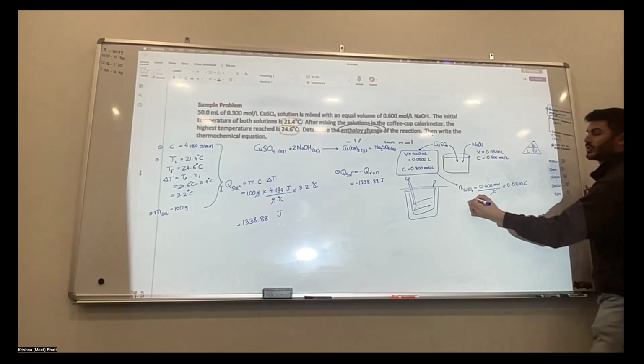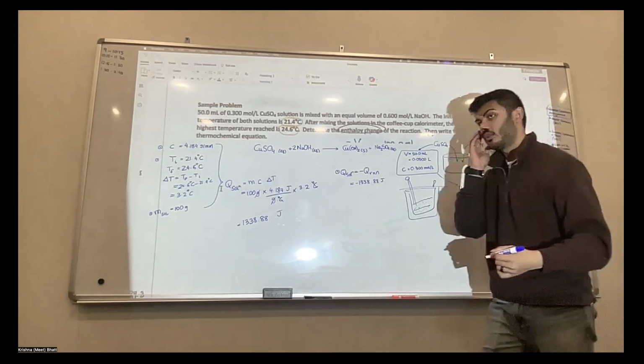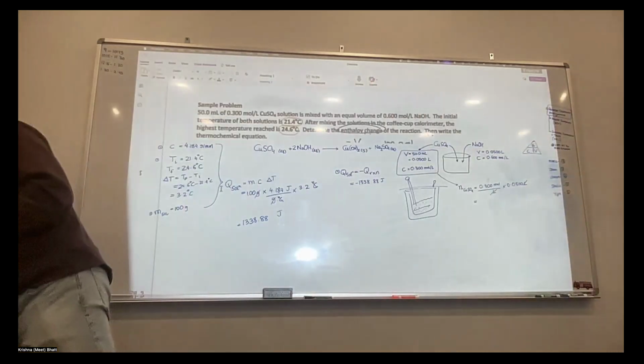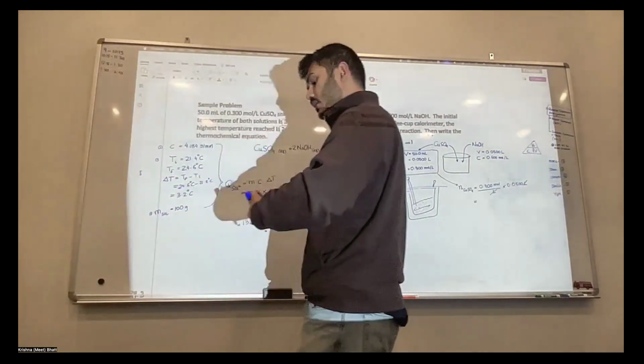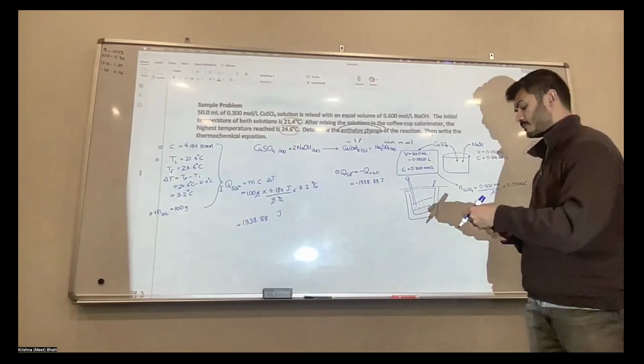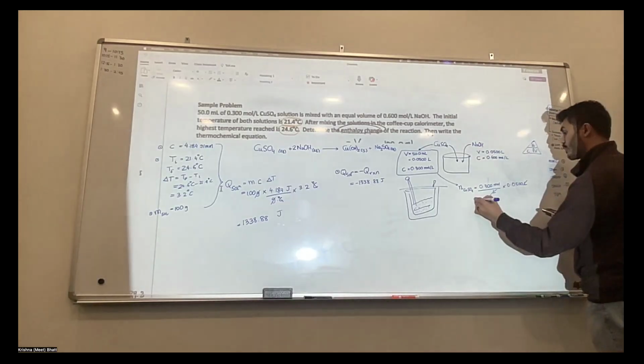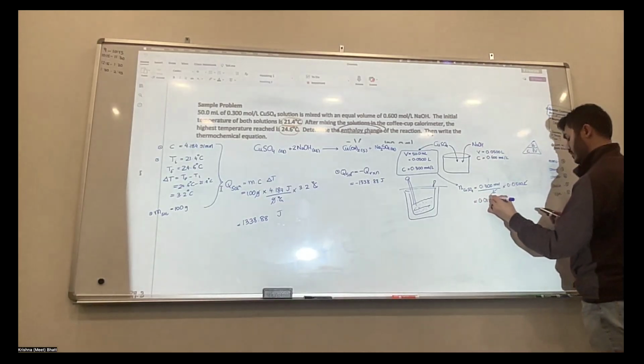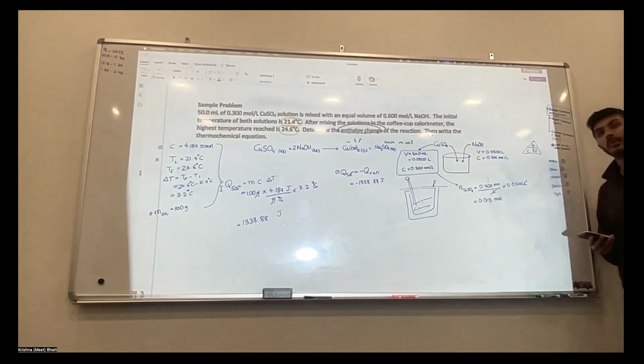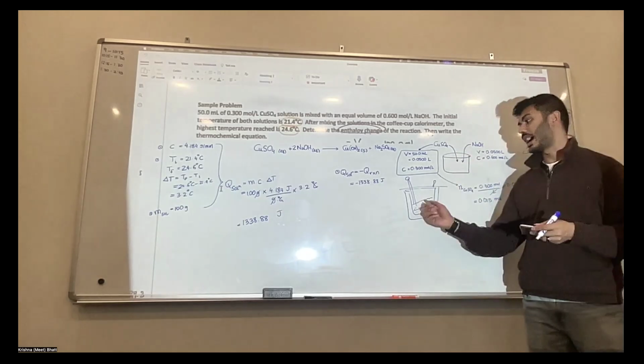The liters cancel each other out. What do I get? Something very small. 0.300 multiplied by 0.0500 equals 0.015 moles. That's how many moles of CuSO4 I had in here.